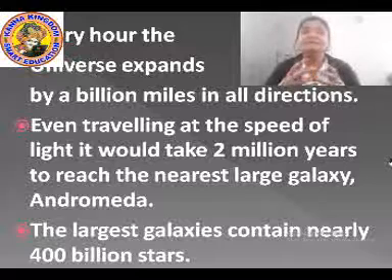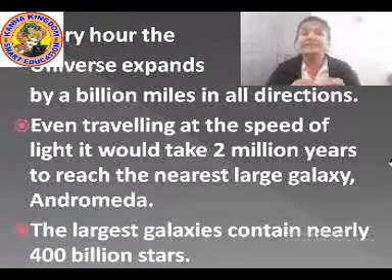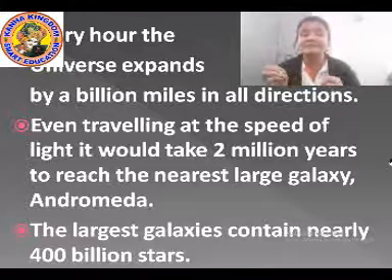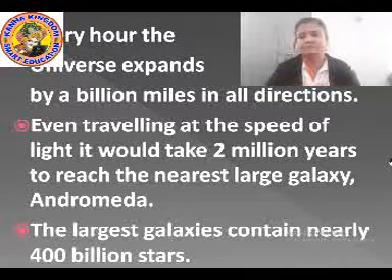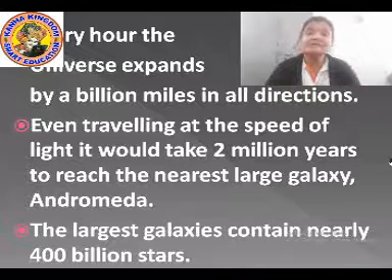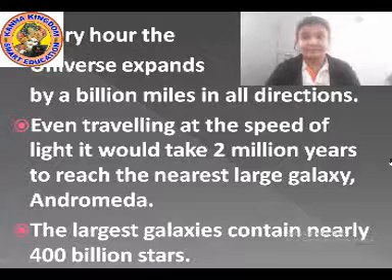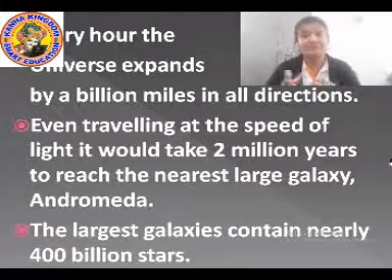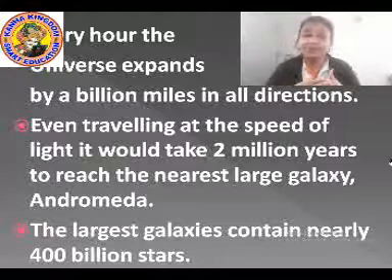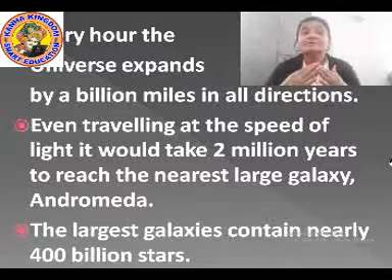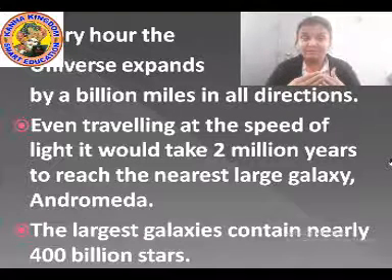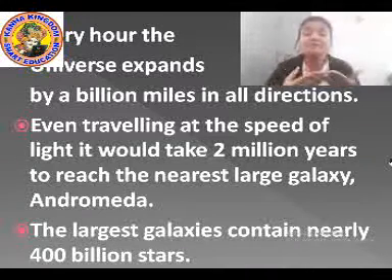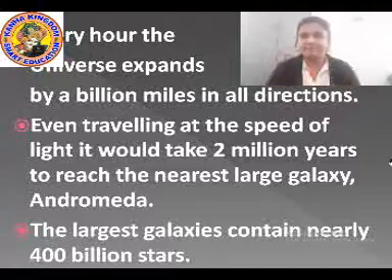Even traveling at the speed of light, it would take 2 million years to reach the nearest large galaxy, which is called Andromeda. It means if our speed of traveling is the speed of light, it would take that long to reach the nearest galaxy.